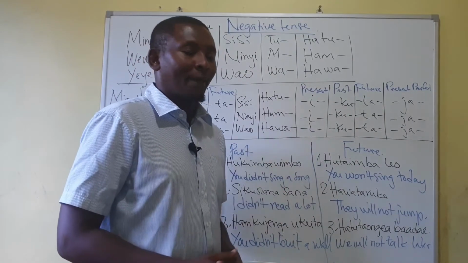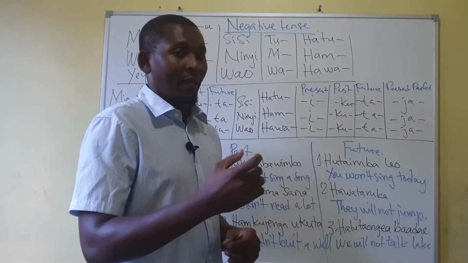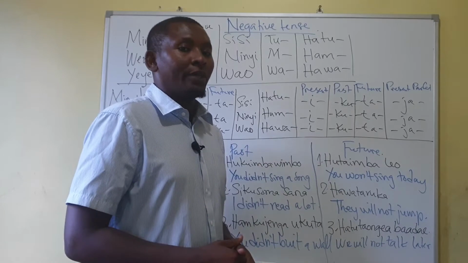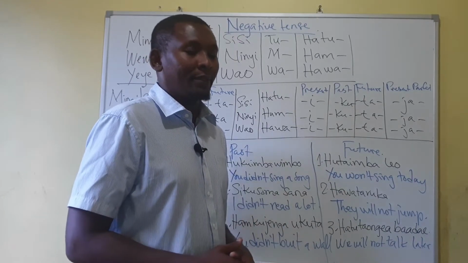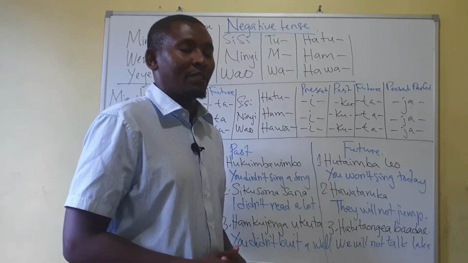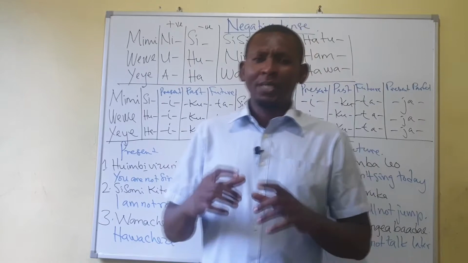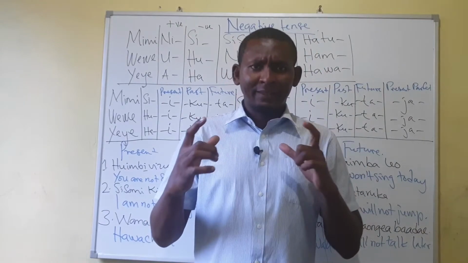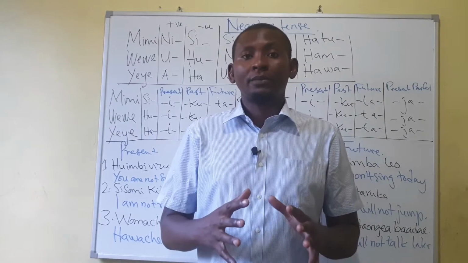So as I've said, this ha, h and a, is very important when negating in Swahili, in this lesson specifically. Okay, I just wanted you to get that sense before I give you examples.